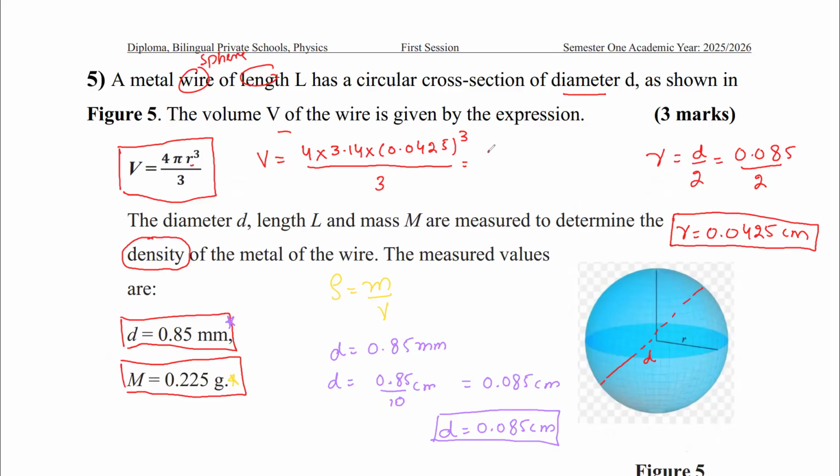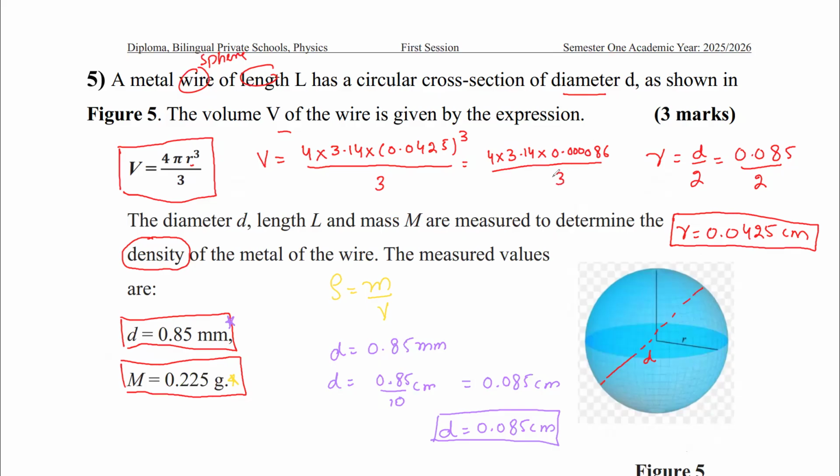So 4 multiplied by 3.14, multiplied by the cube of 0.0425, which is about 0.00007686, divided by 3.